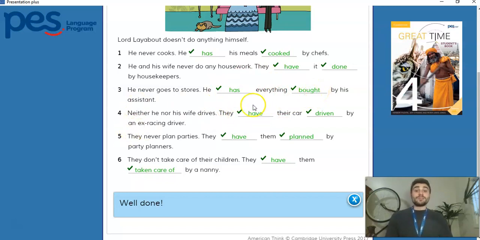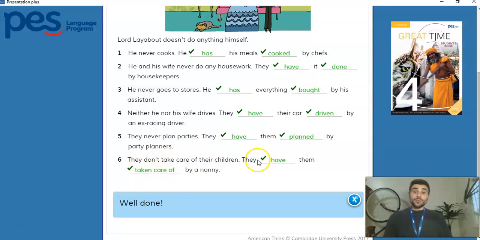In 4, we have their car, which is the object, and driven, which is the past participle. In 5, we see have, them, which is the object, referring to parties, right? And planned, which is the past participle of plan.